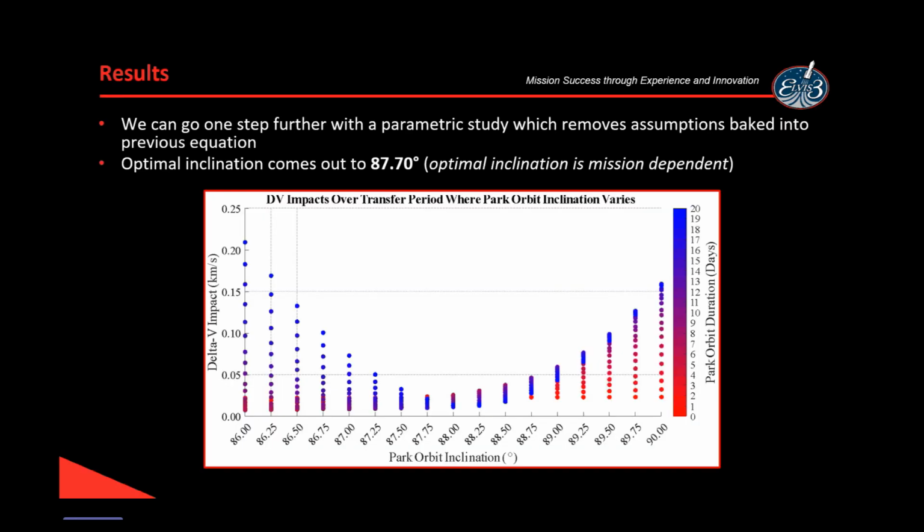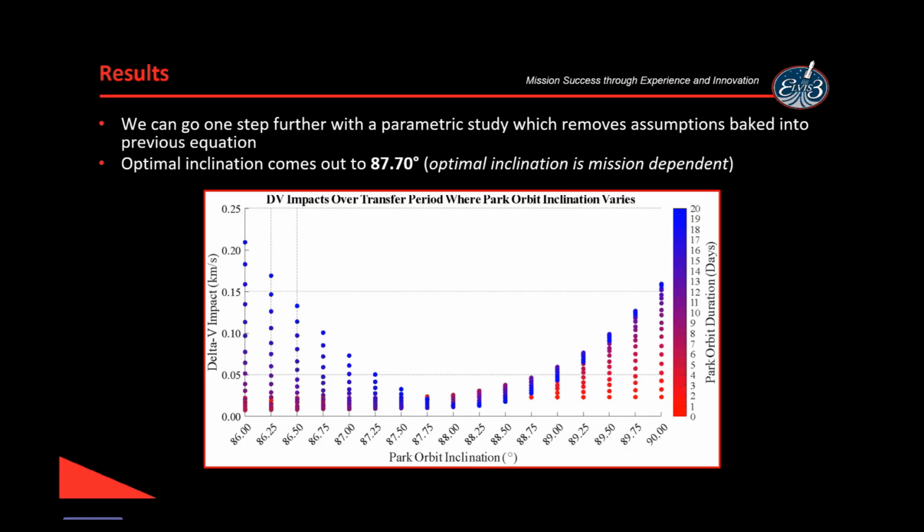To shake all of those out, I went ahead and ran a parametric study. I essentially ran the same analysis that we saw earlier, but for a broad range of inclinations, ranging from 86 to 90 degrees, since I know it's going to be some sort of polar park orbit.